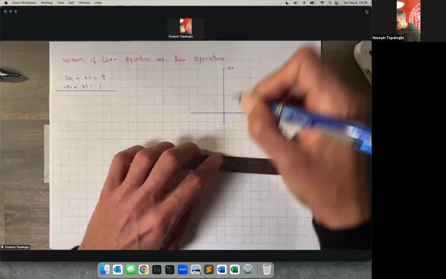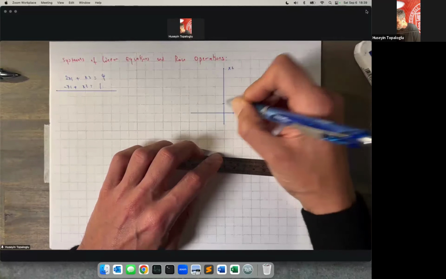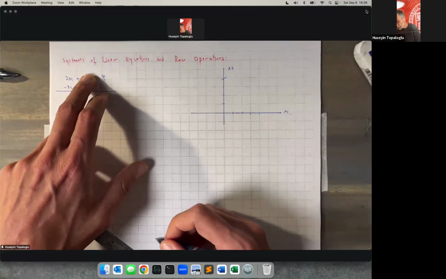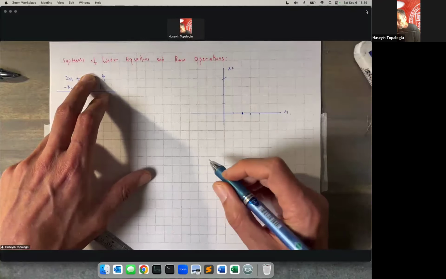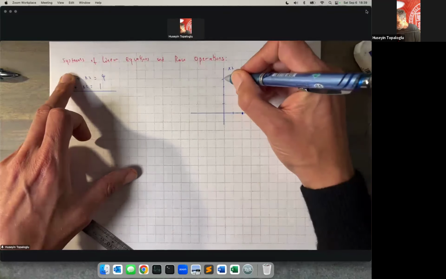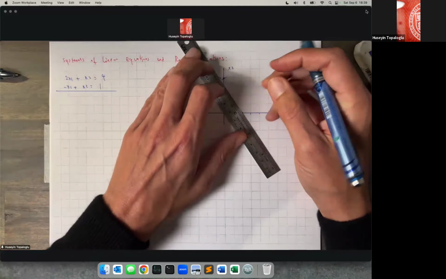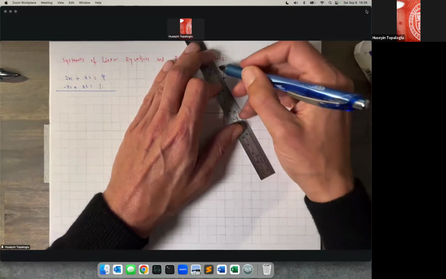So this is x1, this is x2, it's going to be 1, 2, 3, 4. Let me plot the first line. When x2 equals 0, x1 is going to be equal to 2. When x1 is equal to 0, x2 is going to be equal to 4. So the first line looks like this.